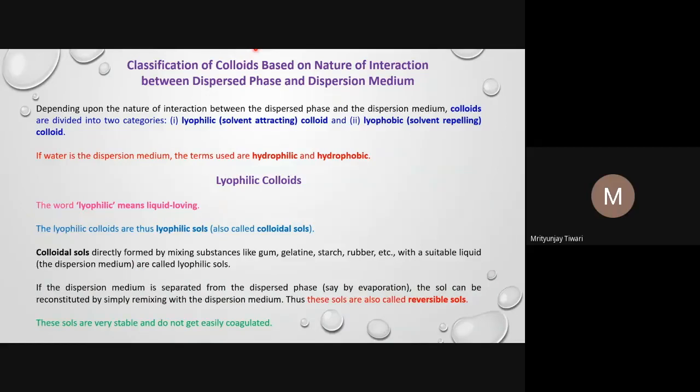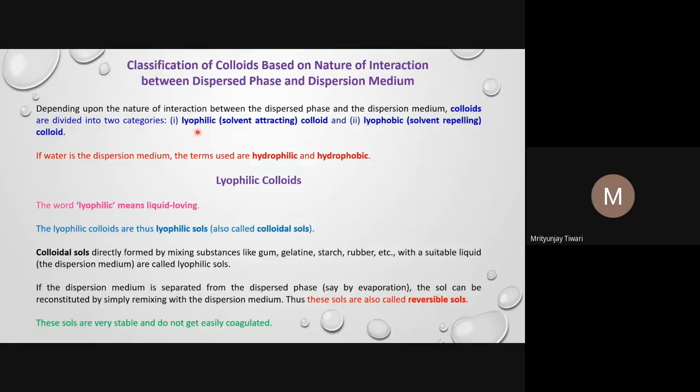Then the classification of colloids based on the nature of interaction between dispersed phase and dispersion medium. As I have said, we have two different types of colloids, lyophilic and lyophobic. Lyo means solvent or liquid, and philic means attracting.